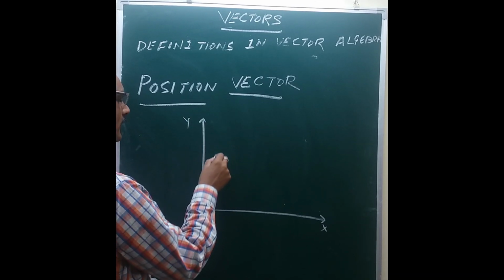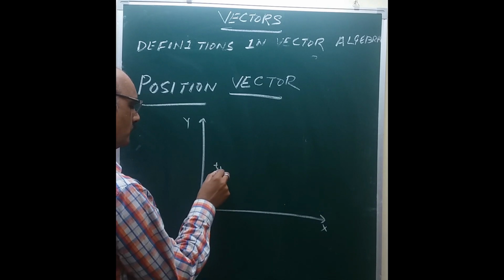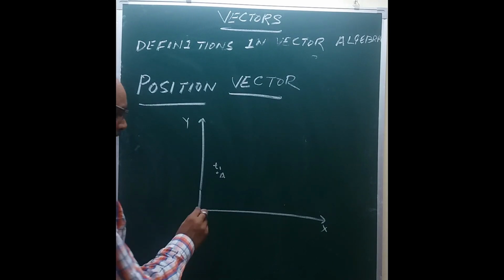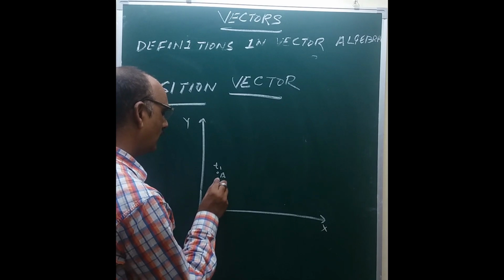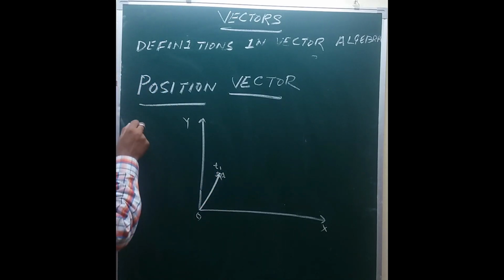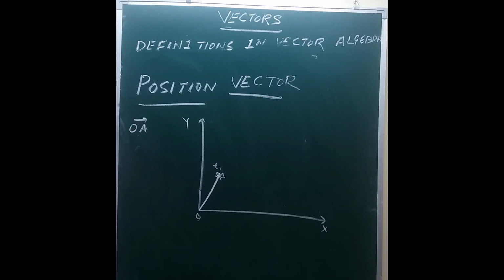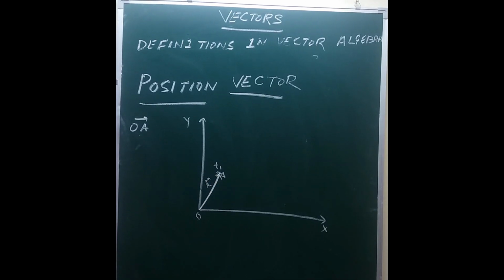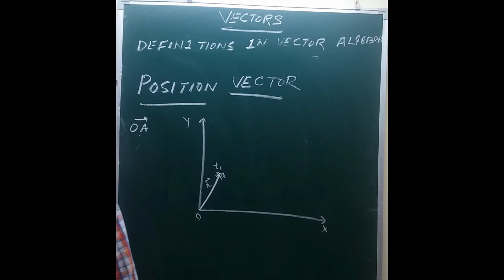Let at time t1 the position of the particle be A. Draw an arrow whose initial point is O and final point is A. This vector OA is called the position vector of the particle at time t1 at position A, and it is also represented by vector R. Position vector simply gives the distance of the particle from the origin and the position or direction of the particle from the origin.